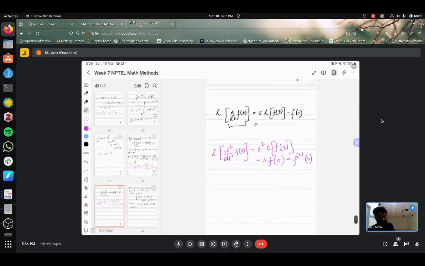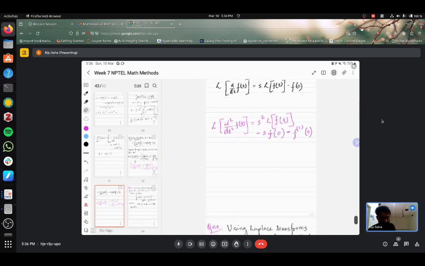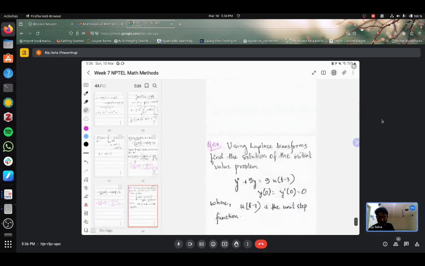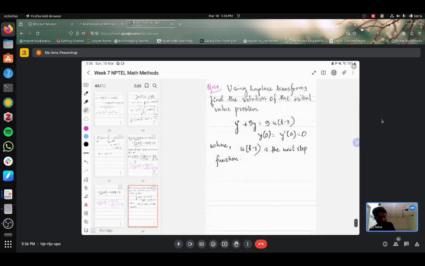So with this you can solve differential equations knowing the Laplace transform of the function. So this is the first example.